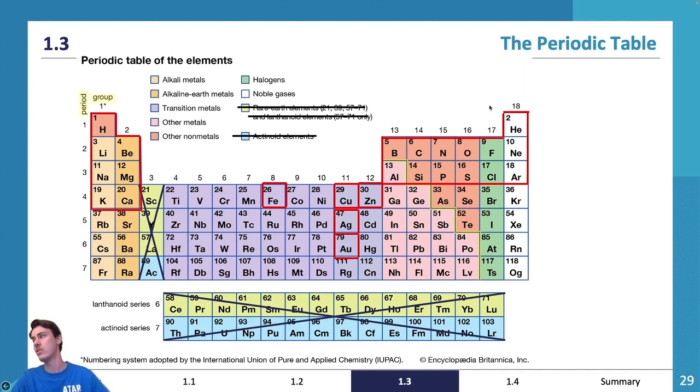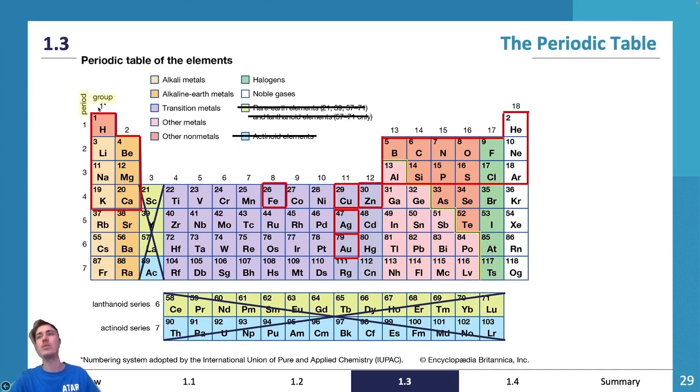You've got halogens, which all fall in one group, and noble gases, which all fall in one group. Then you've got all your metals here, and these are also metals, but they're called transition metals. You see this yellow line here? It indicates where metals stop. Everything on the left is metals except for hydrogen, and all of these are non-metals plus hydrogen. Hydrogen is not a metal. It's its own thing, a little bit different.